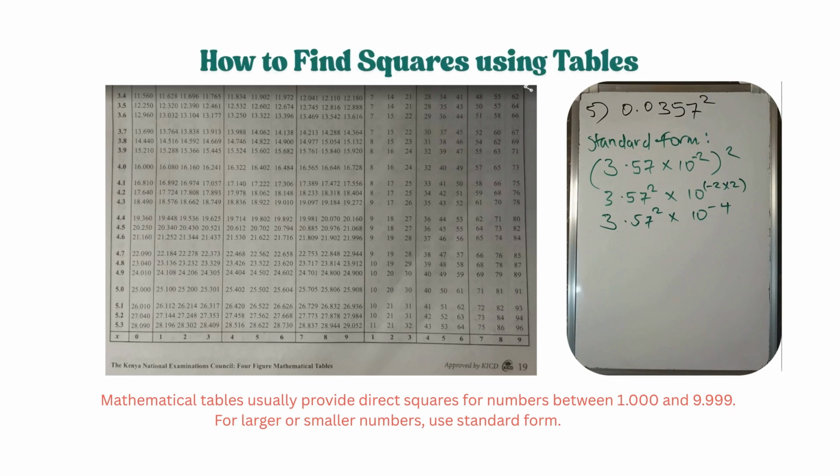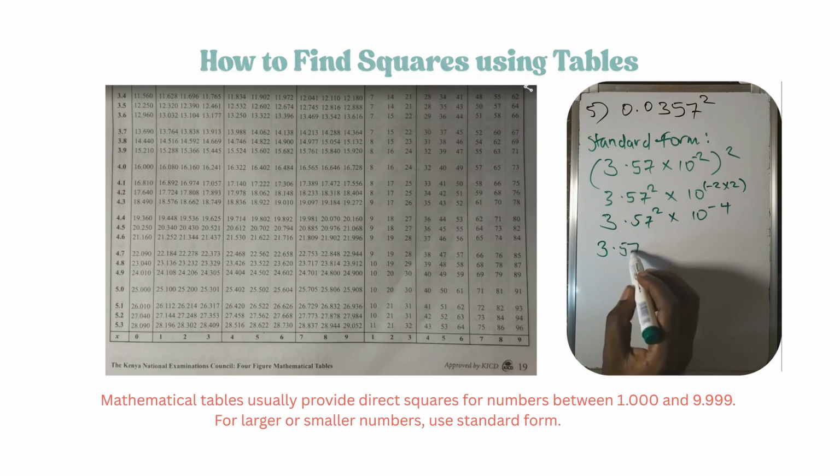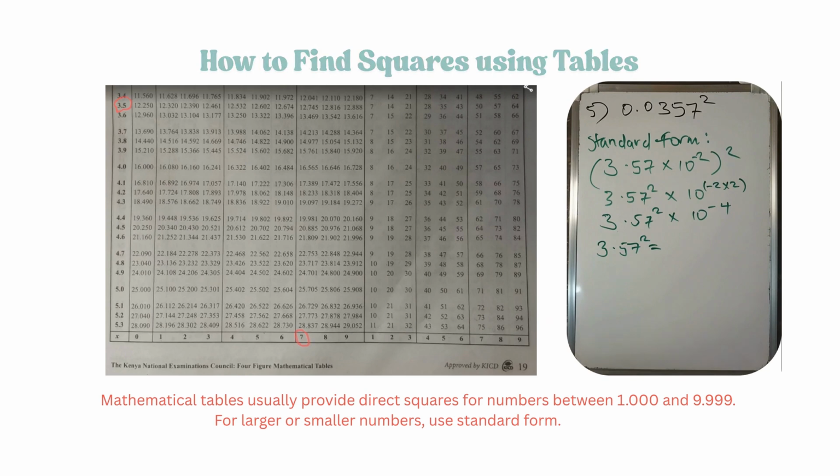That will be straightforward in the table of squares. 3.57 squared will be 3.5, then to column 7. That will be 12.745.